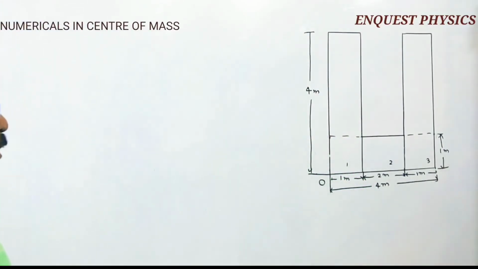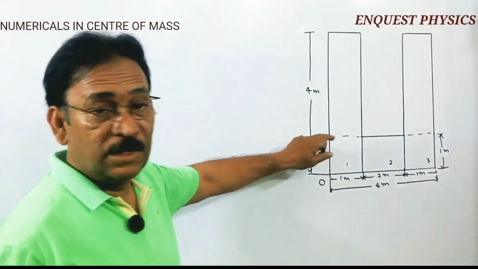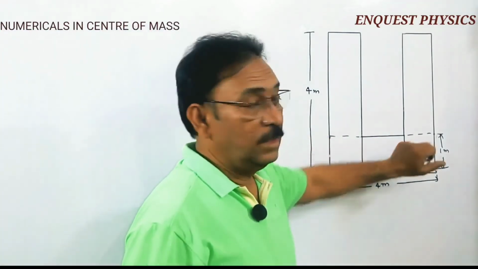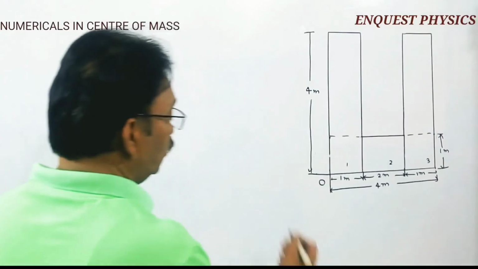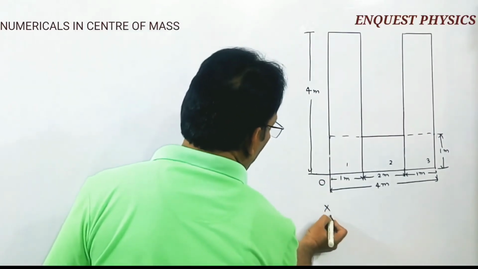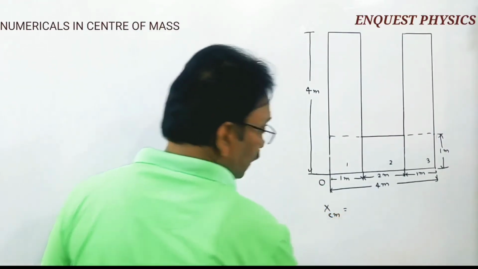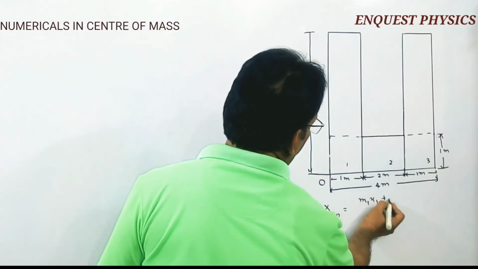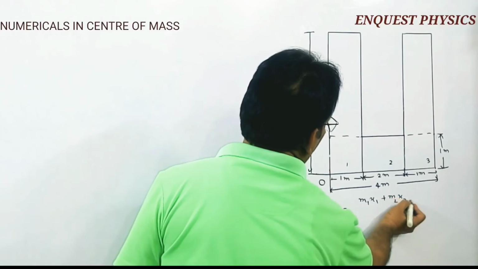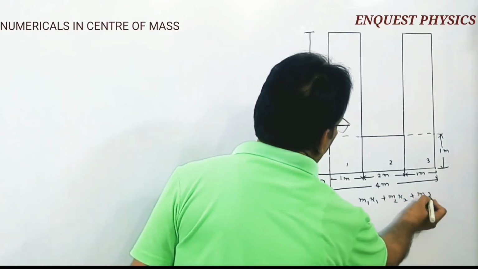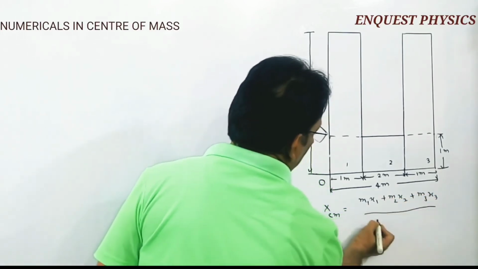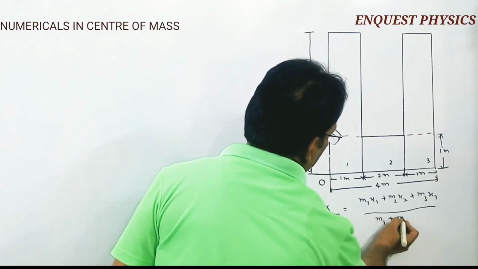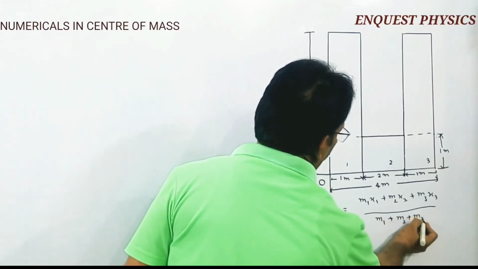Okay students, here we consider these blocks as 1, 2 and 3. And as usual, the center of mass of the three-body system along the x-axis can be written as xcm is equal to m1 x1 plus m2 x2 plus m3 x3 upon m1 plus m2 plus m3.